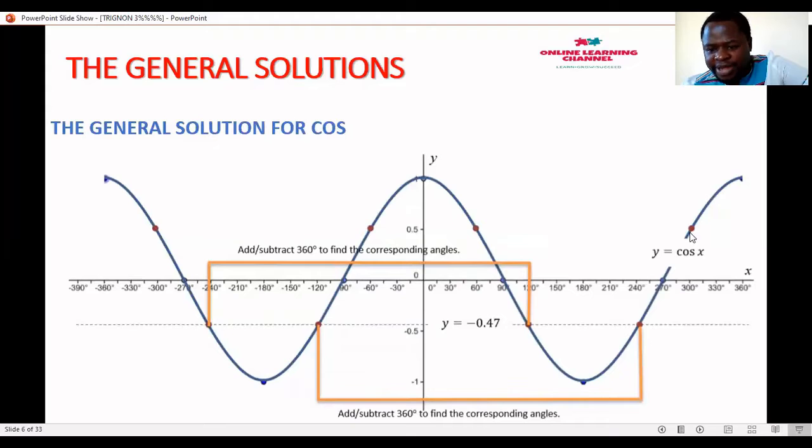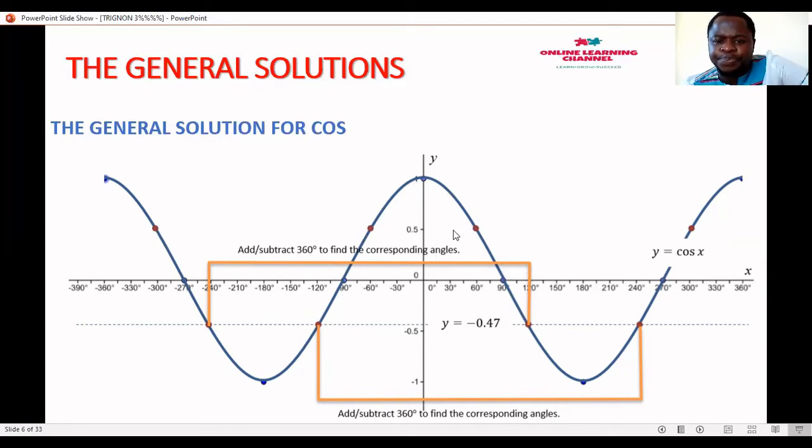For example, you have got 300 here, also 60 here, then negative 60, and then negative 300. So we're trying to find the general formula which will cater for all those x values for a unique y value. That's what we mean by general solution: we're generalizing all those x values in a formula.